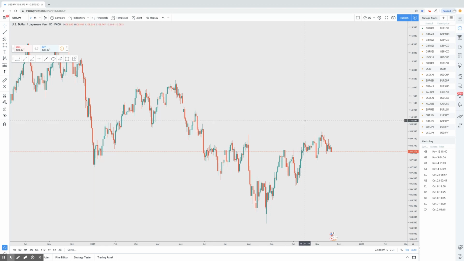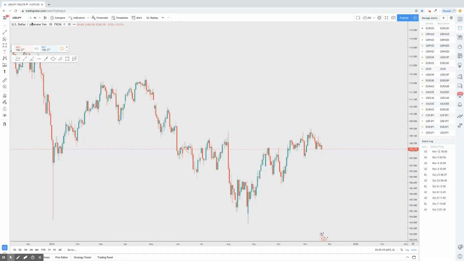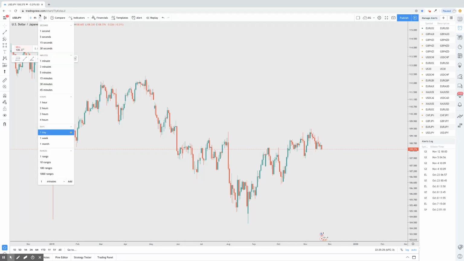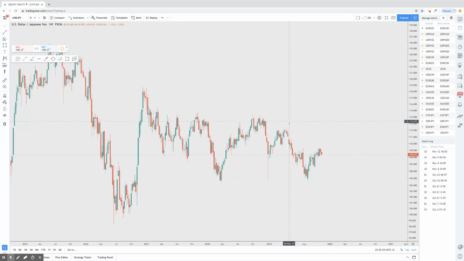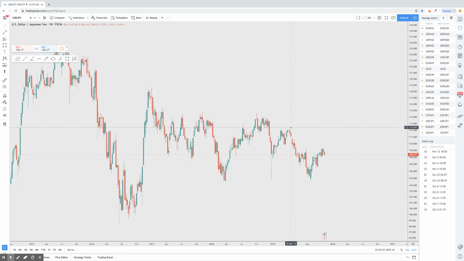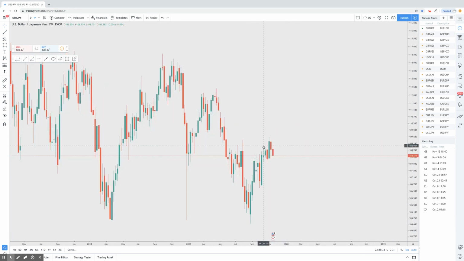What you want to do when you're trialing this strategy is find a nice trend, okay? So you want to trade with the trend. And you want to be on a larger time frame, by the way. Sorry, I should have mentioned that to begin. So it's going to be daily or higher, okay? You can start off on the weekly and determine your trend. So right now, we have been trending up, okay, the last several weeks.